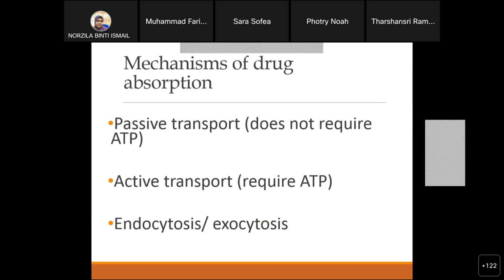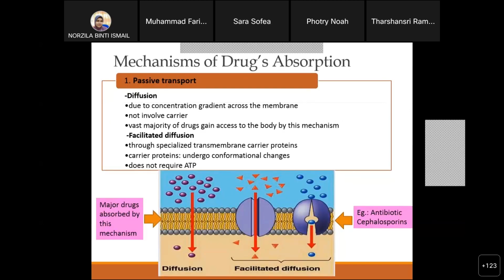It is through diffusion, either simple diffusion or facilitated diffusion. For diffusion, it uses the concentration gradient across the membrane, does not involve a carrier, and the majority of drugs are absorbed this way.